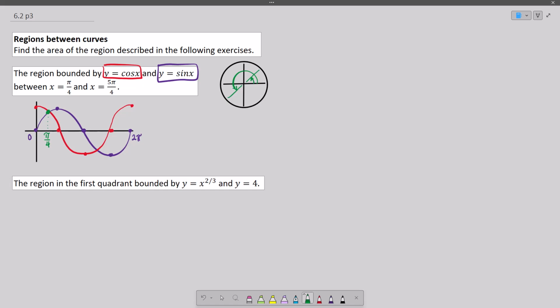They are also equal. So that corresponds to this intersection point at 5 pi over 4. These limits of integration are super nice because they correspond exactly to those intersection points. And our goal, finding the area, is to find that area that's trapped right in there between those two green dots.